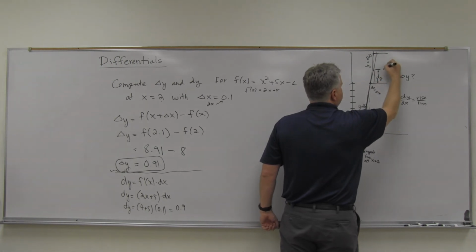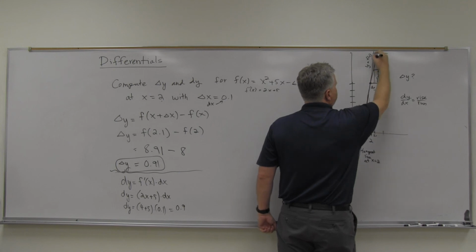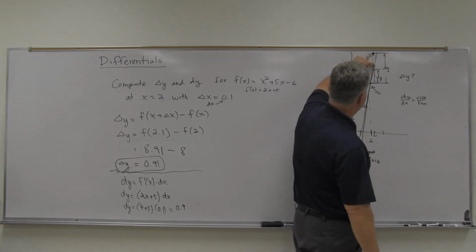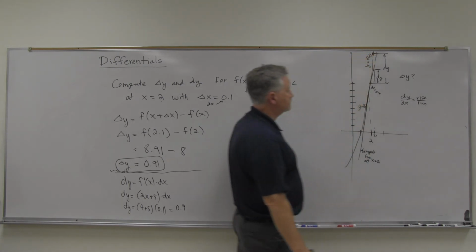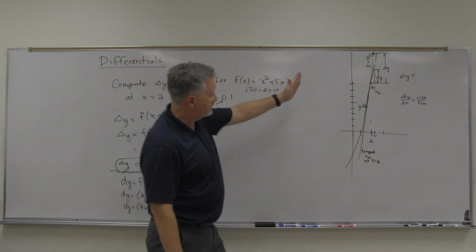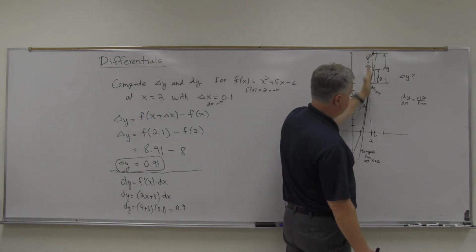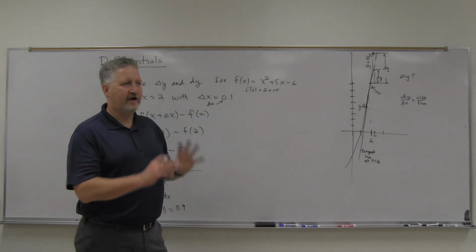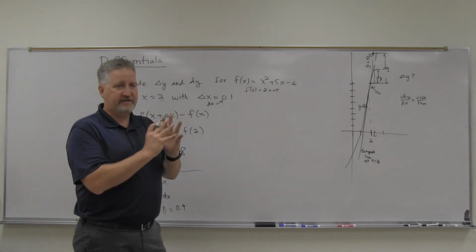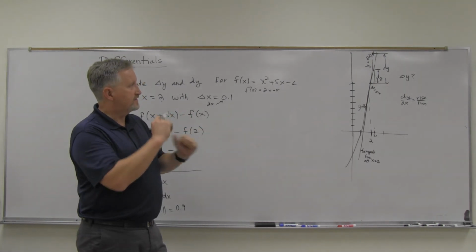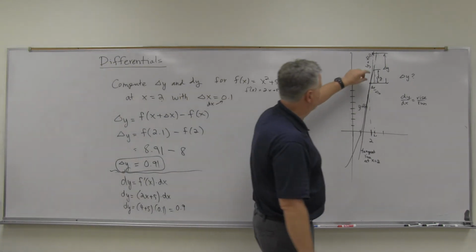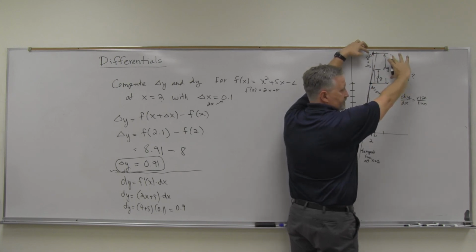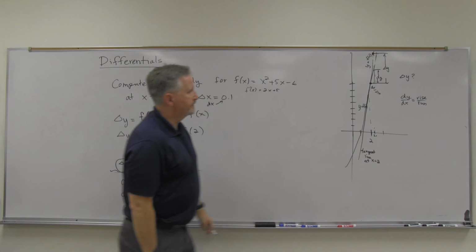This would be delta y though, because it goes from one point to another point on the graph, which is the inside one here. The tangent line's on the outside. So anyway, you just have to figure out the dx and the dy, those are on the tangent line, rise and run. And then delta x is the same as dx, but then delta y is from one point on the graph to the other point on the graph, the change in the y values.